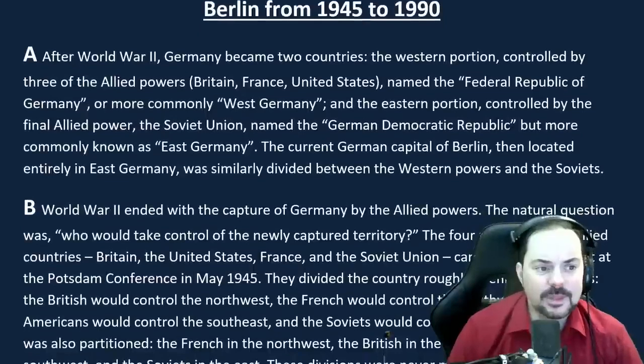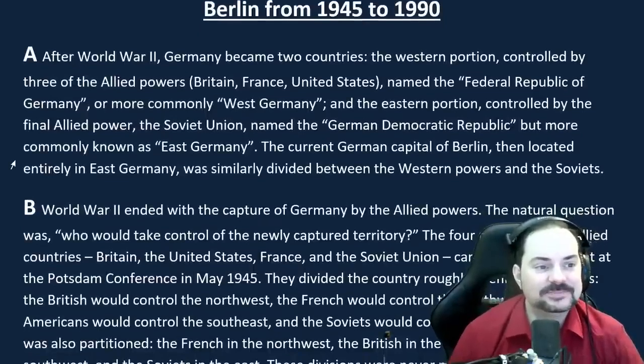Okay. Read A. You'll see it in a second. After World War II, Germany became two countries. Yeah, it mentioned up there at the first sentence.